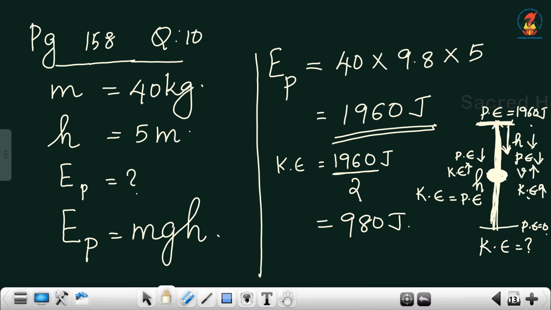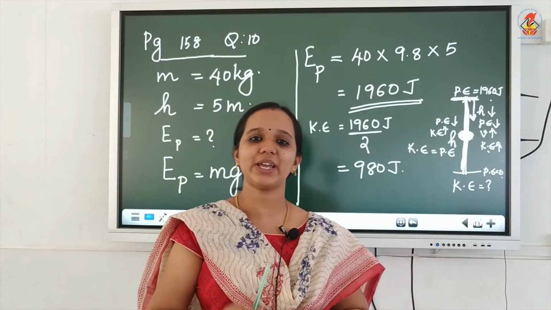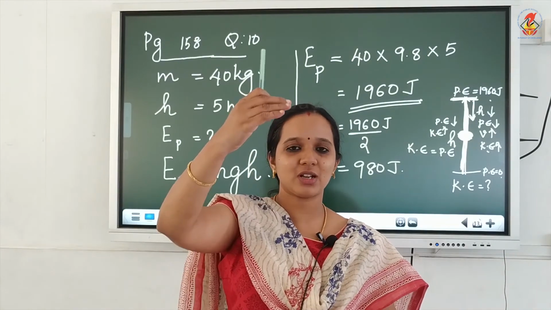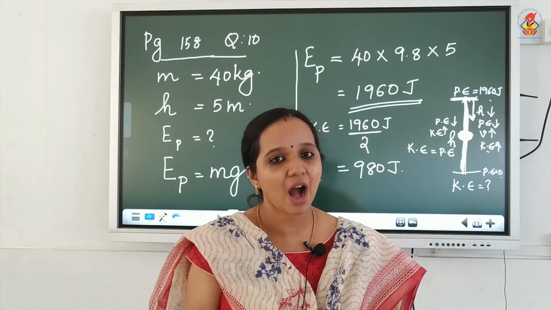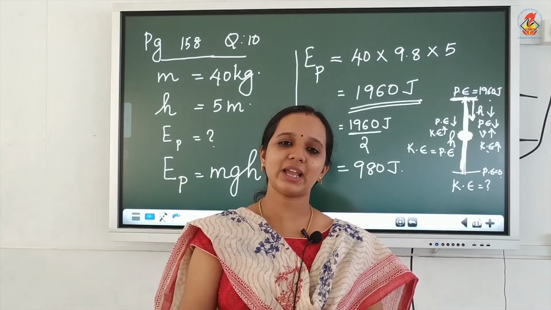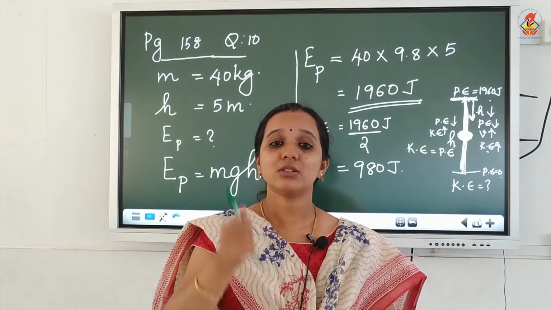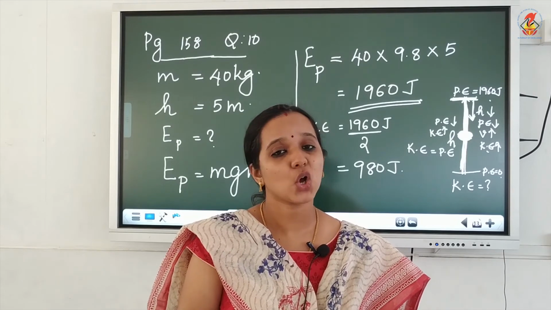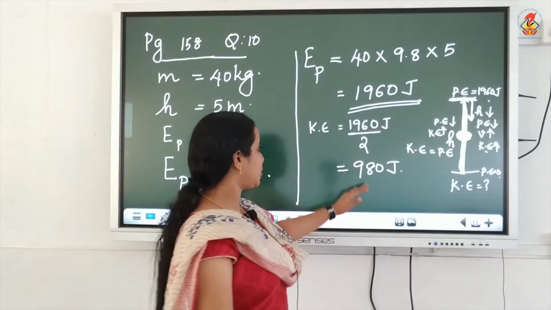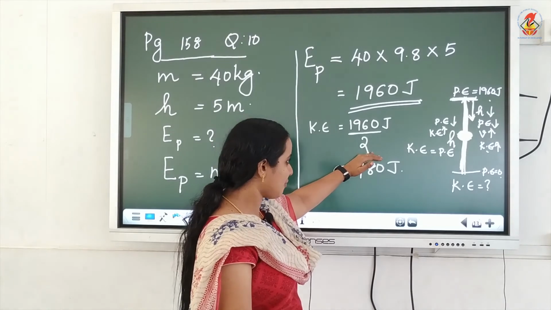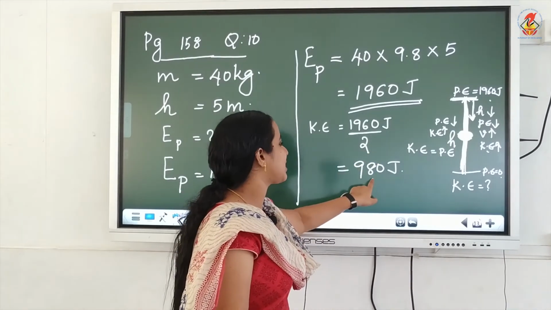Because as potential energy decreases by half, kinetic energy should increase by half. Then only the total energy will remain constant. So when potential energy reduces by half, kinetic energy increases by half.